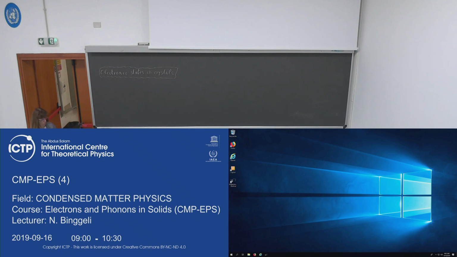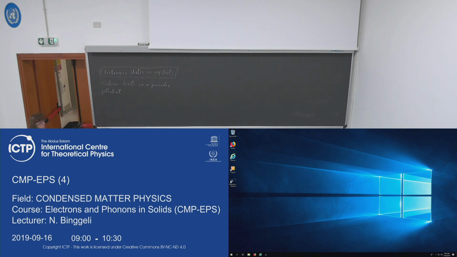Alright, so what we are considering is periodic potential, and we want the electronic levels, the electron levels in a periodic potential.